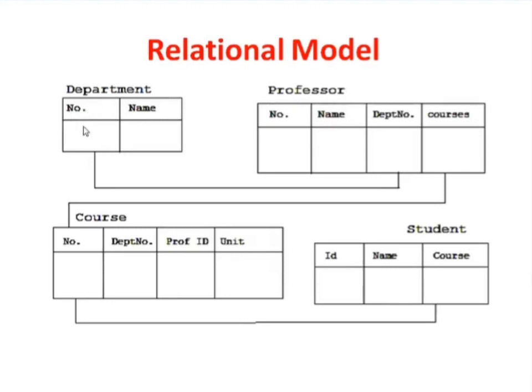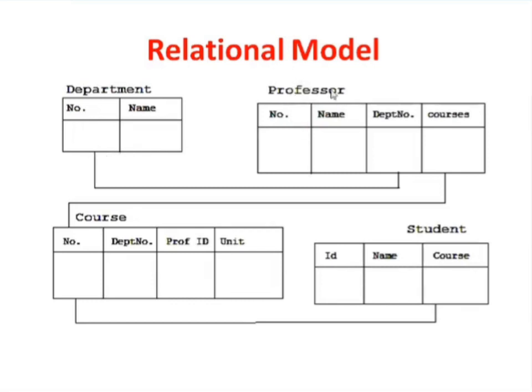You will have one finance department, two HR department, three sales department, four purchase department. Or in the case of a college, it will be number one physics, number two chemistry, number three mathematics, number four computer science.